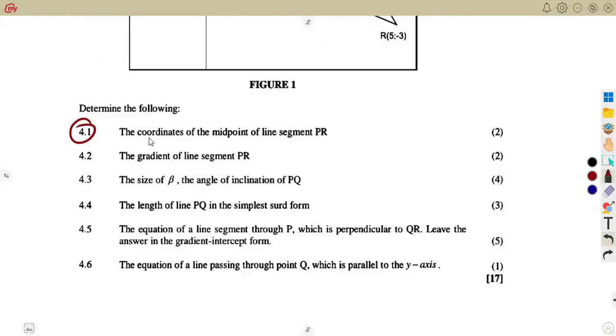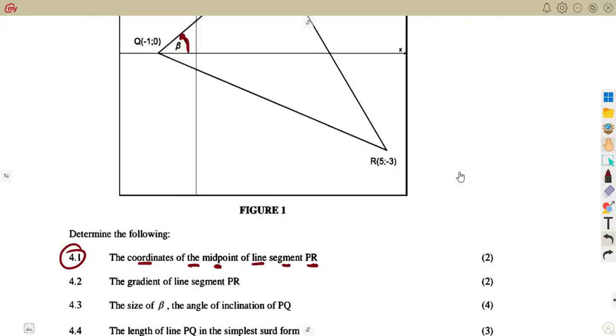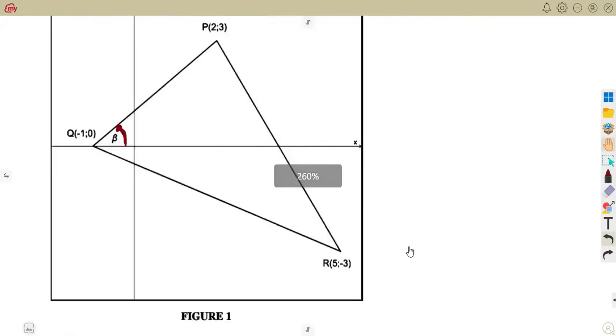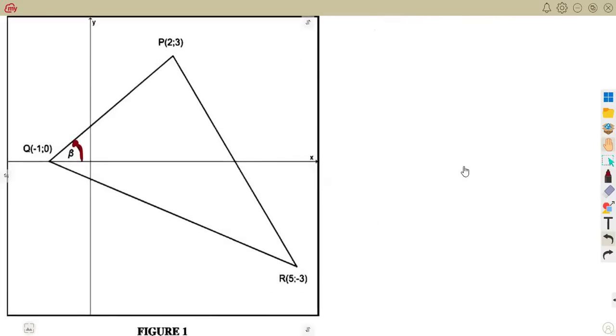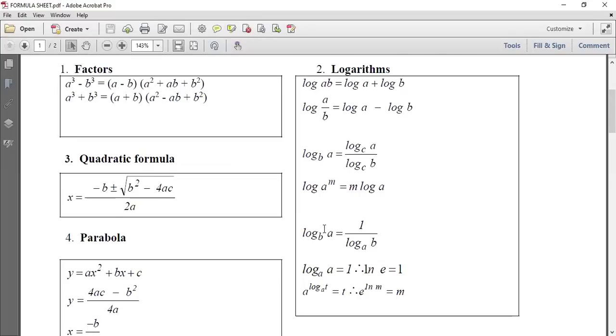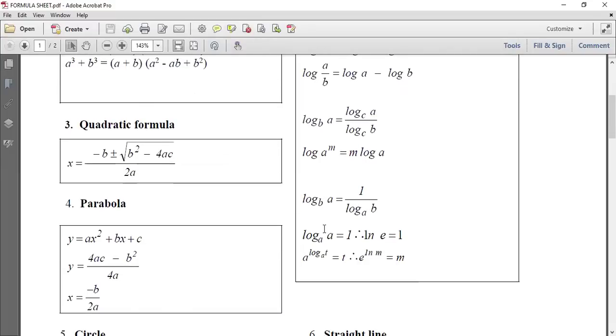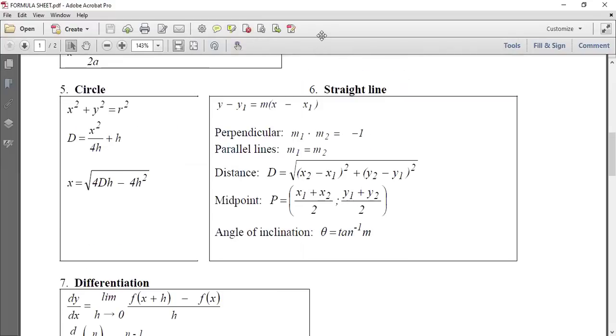4.1, determine the coordinates of the midpoint of the line segment PR. The midpoint of the line segment PR, as we have. So this one, guys, even if you've forgotten these, you're not supposed to leave this type of equation. The formula sheet has already listed almost all, not all, but almost everything about a straight line.